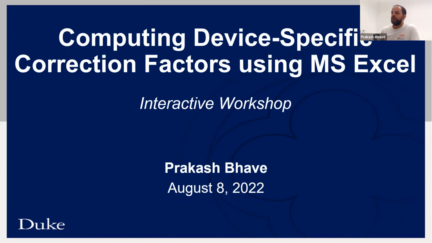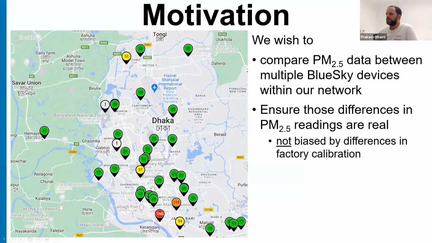That way, whenever we look at maps, such as this one here of all of the sensors in our given network, we can be sure that the differences we're seeing between two sensors, let's say this one in the cantonment and this one near the airport, are actually reflecting differences in the PM 2.5 levels and not biased by any difference in factory calibration.